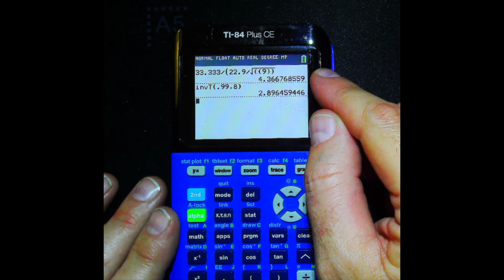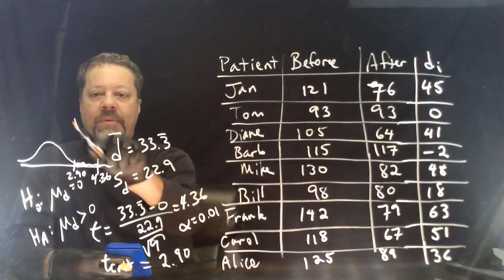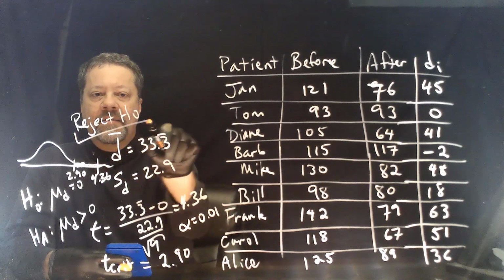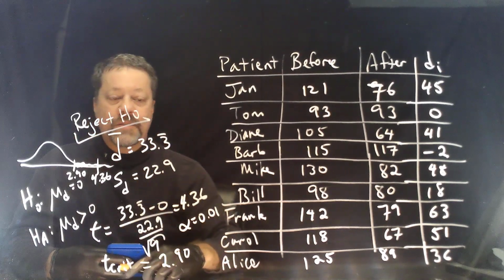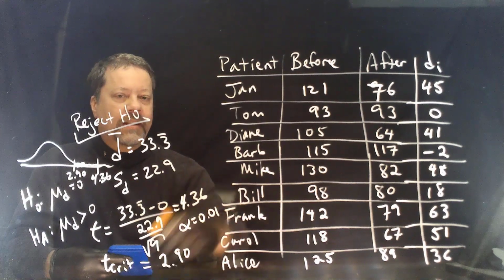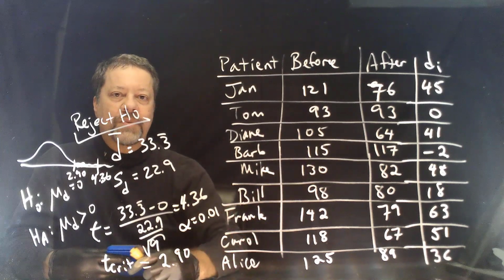The t that we have is way beyond the critical t. The conclusion is that we reject the null hypothesis being that the mean difference is 0, and it looks like we have statistically significant evidence to show that the treatment does reduce anxiety.